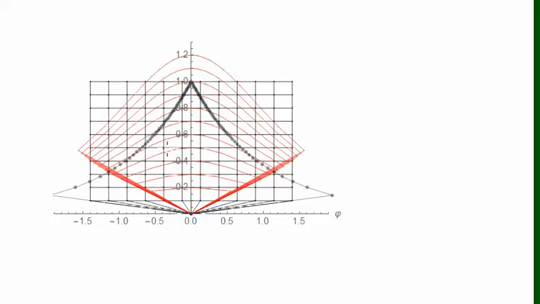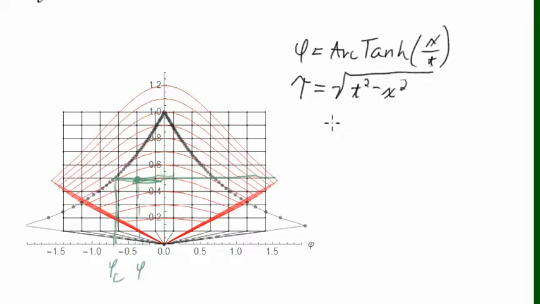Now, whatever point I choose here, I've got tau. Tau is going to be where the vertical on this graph is. And then I've also got phi, but I also want phi of the cone. Okay, I'm not sure if it matters, but I'm going to say phi is arctanh of, and I'm just going to use the left-hand side.